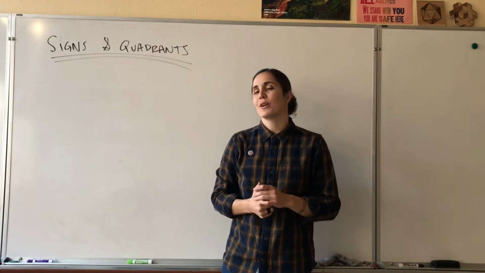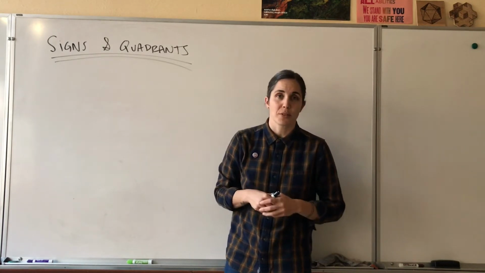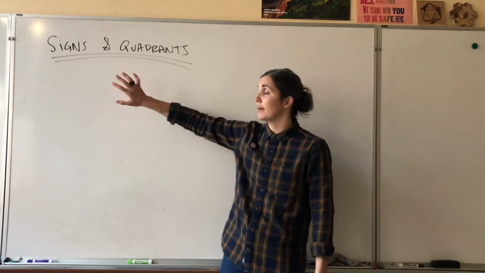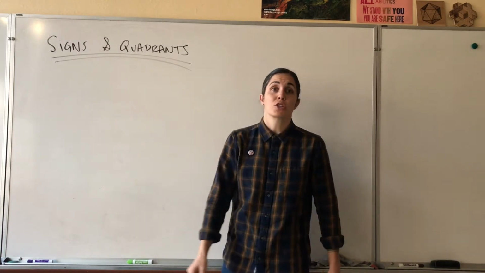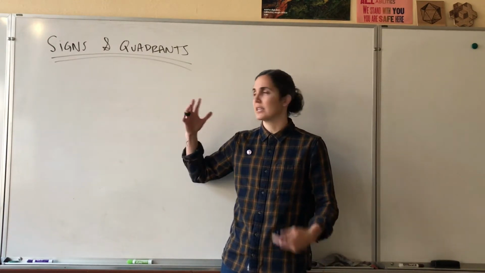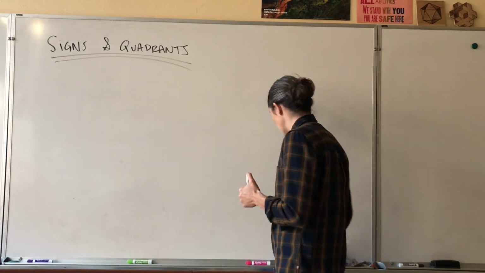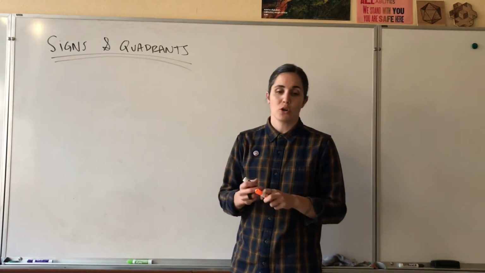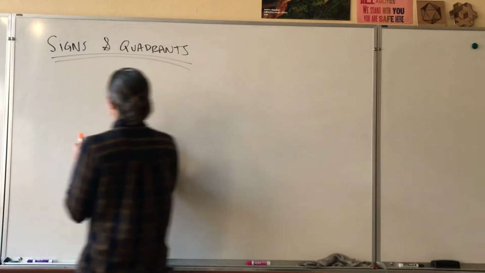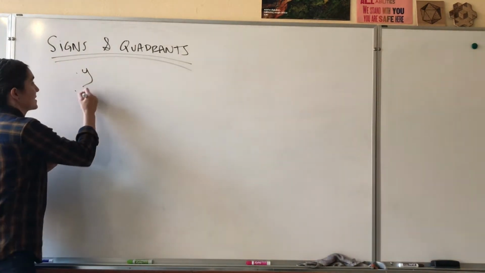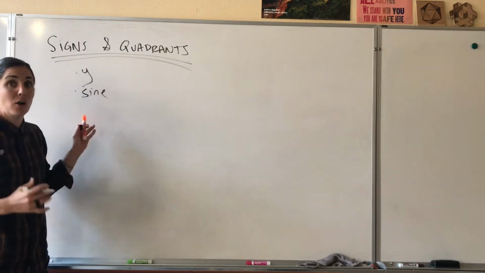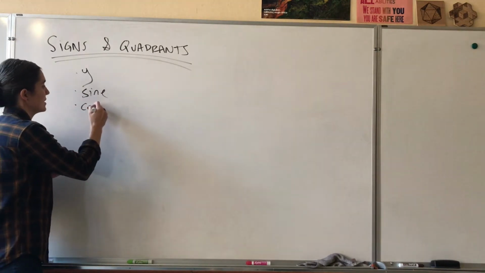Alrighty, so today we are going to take it a step further with our understanding of trig functions around the unit circle, starting with some sines and quadrants as a quick overview. Starting with sine, we know that the y coordinate is the sine value, which also relates to the cosecant value.